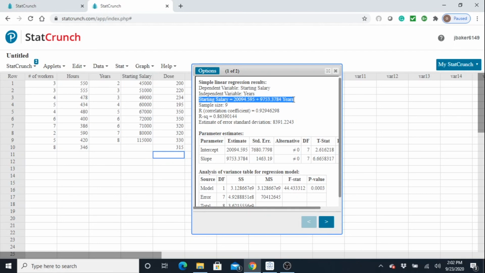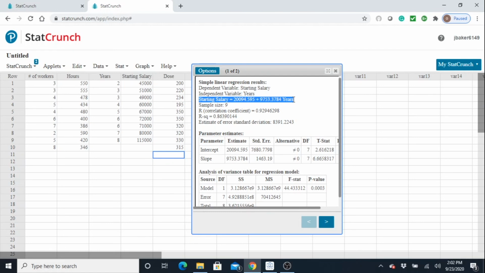So again, that is my line of best fit, or my least squares regression line. Whichever one you want to call it, I'm pretty good with either.